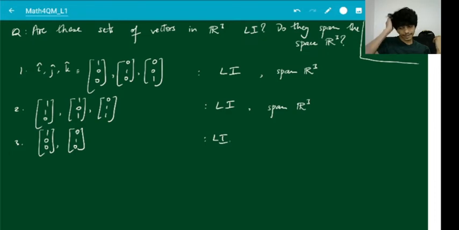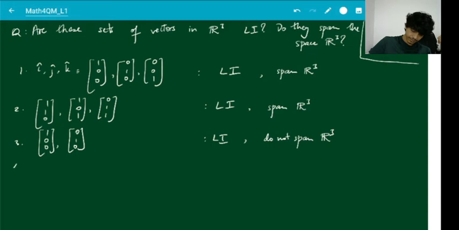Does it span R3? No, it doesn't, because as you can see, there is no z component anywhere. So if there is a vector which has a non-zero z component, you are not going to be able to express it in terms of these two vectors. So these vectors do not span R3.